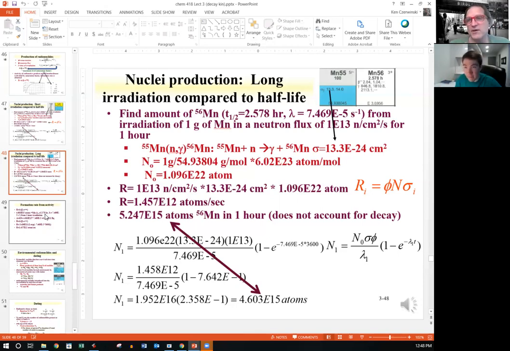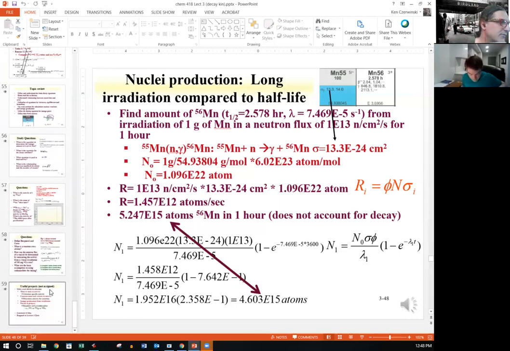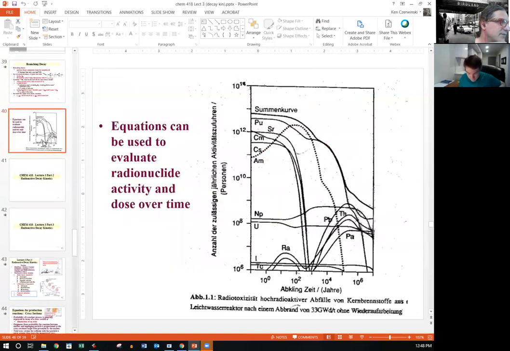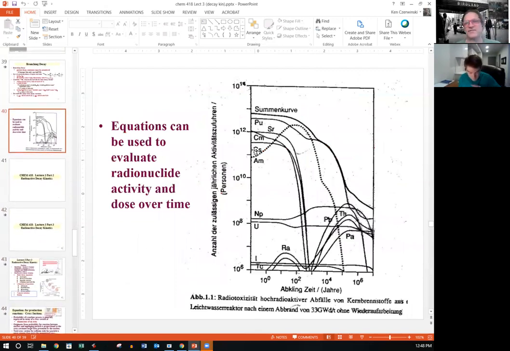So we'll talk about dose in another lecture. But a dose is kind of like the final summary of the information, because a dose is energy per unit mass.